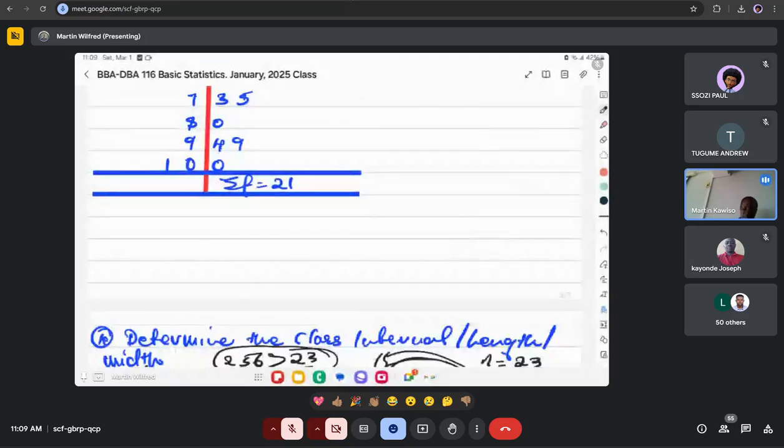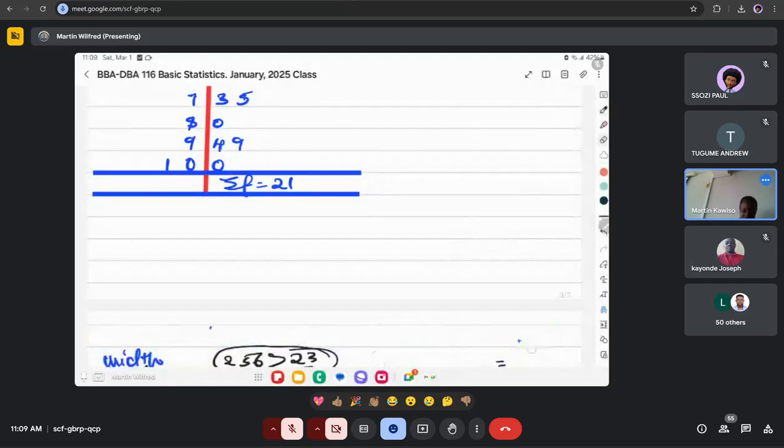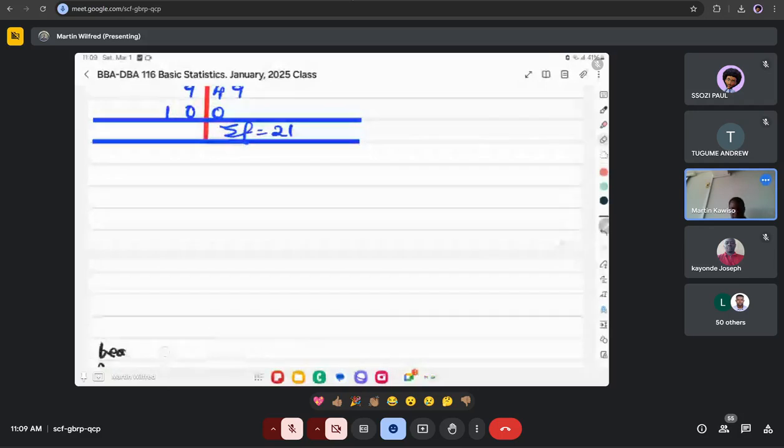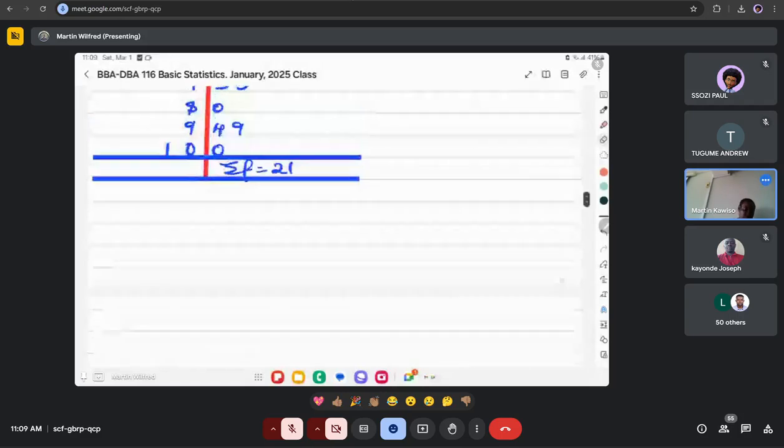Then with the number of classes given, you determine what we call the class width, or the class length. Now, this is the principle that we use.